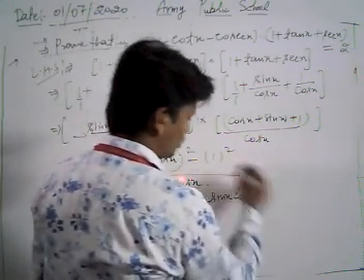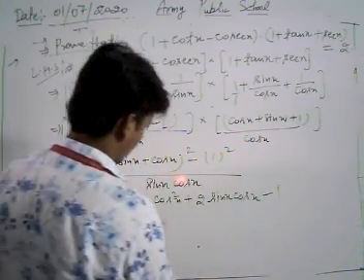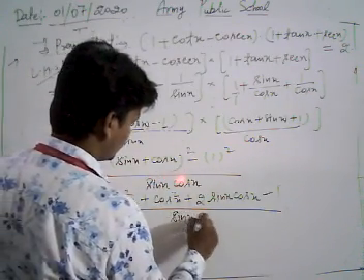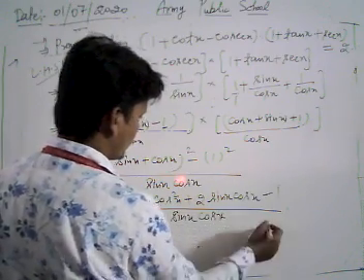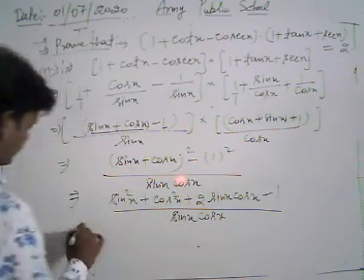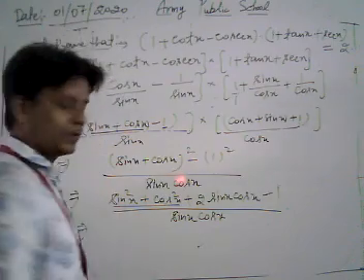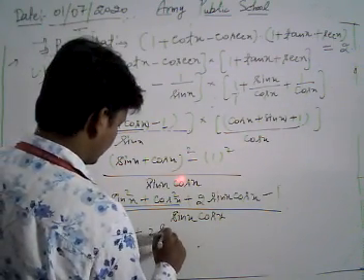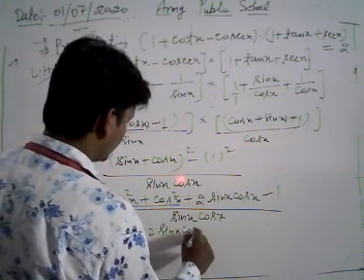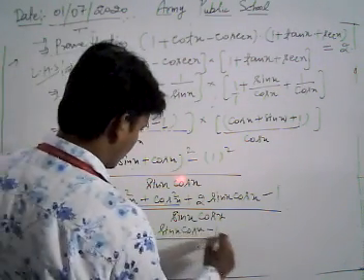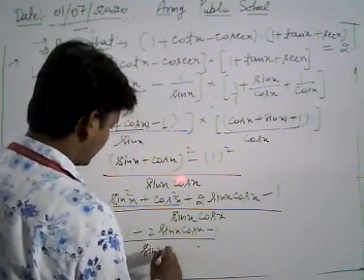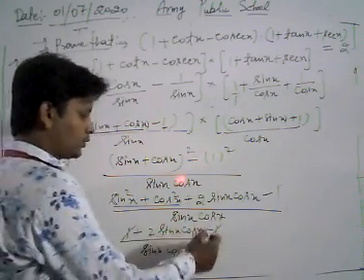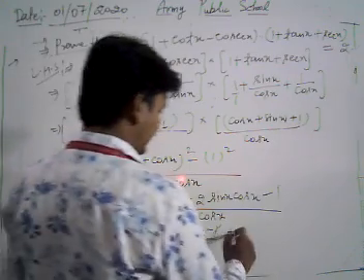Now here 1 squared is 1, upon sin x cos x. The value of sin²x + cos²x is 1, so 1 + 2 sin x cos x minus 1 upon sin x cos x. Here plus 1 minus 1 cancel each other. Then we get what?